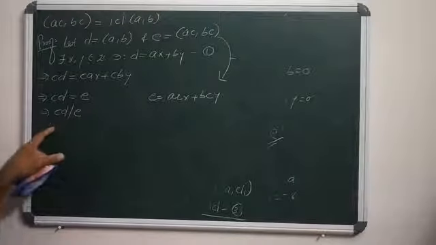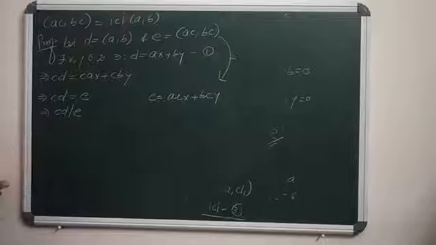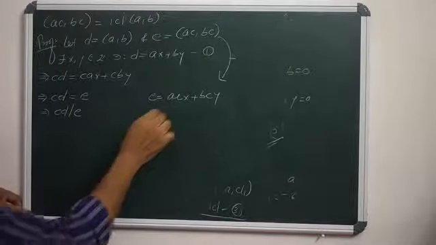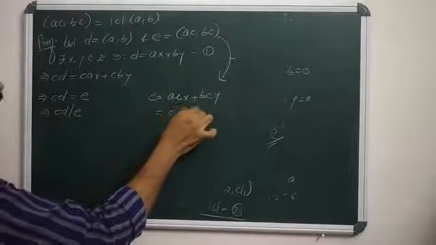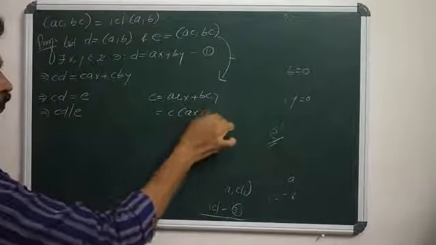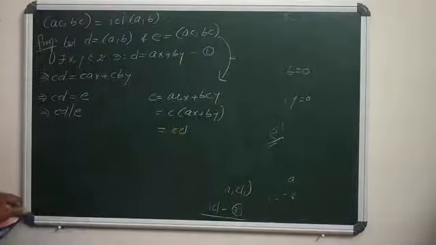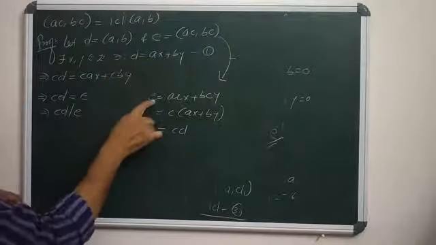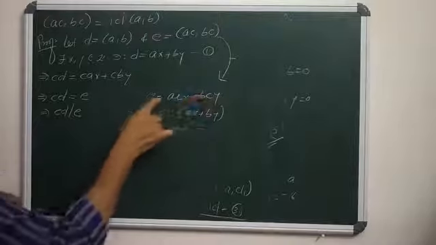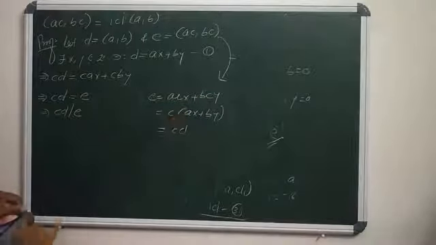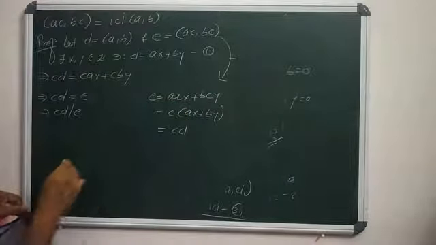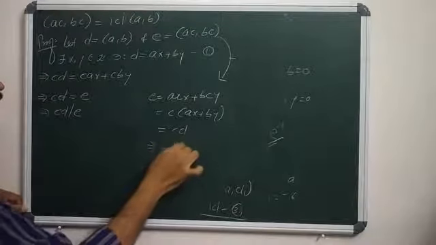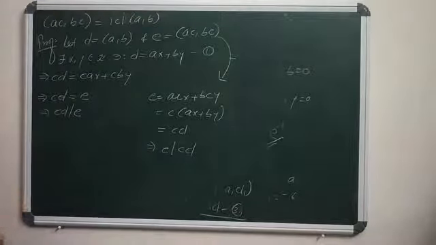So now listen, what is E? E equals ACX plus BCY, that is C into AX plus BY. Why? Because AX plus BY equals D. So E equals C into AX plus BY, that is E equals CD. That means from here E divides CD. Okay.